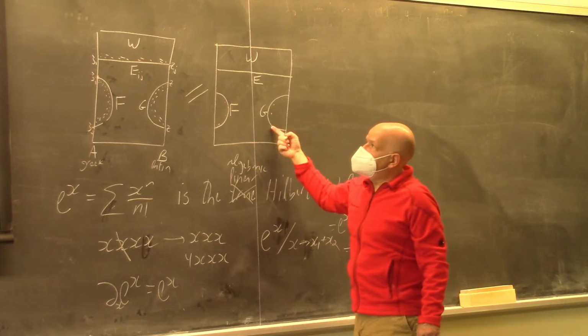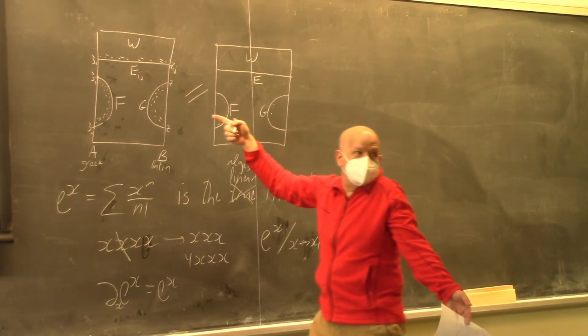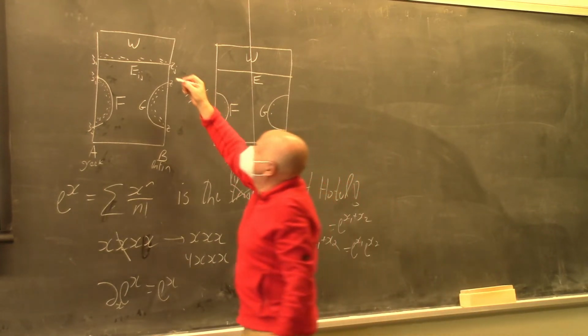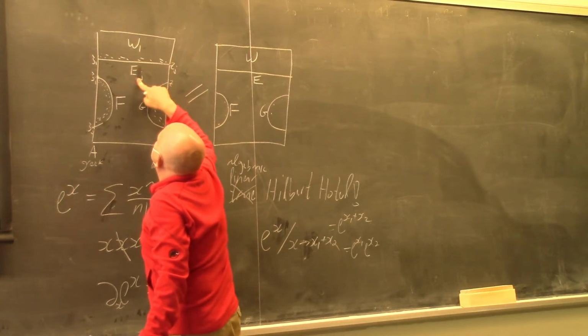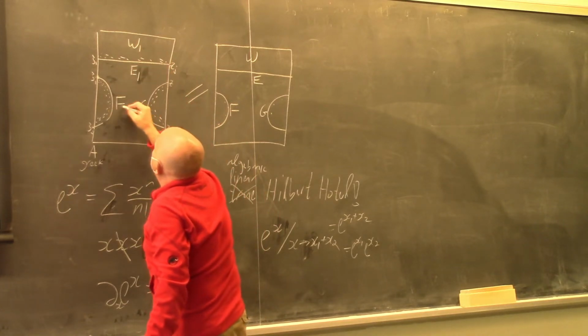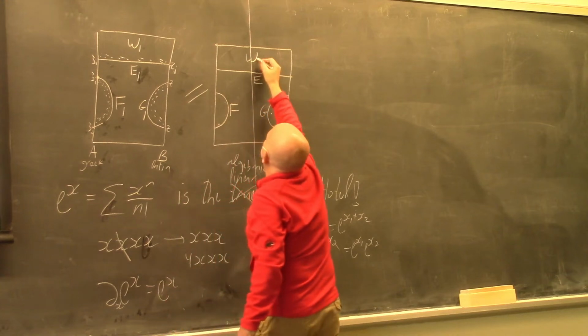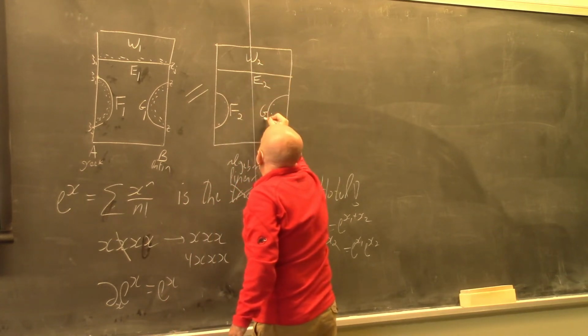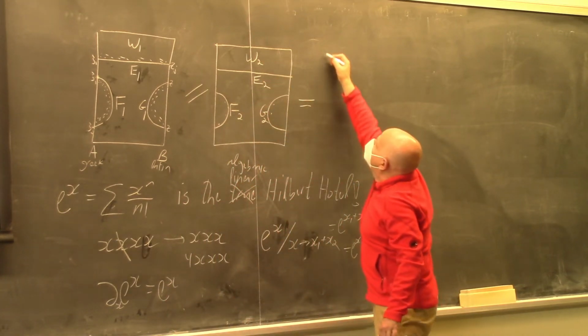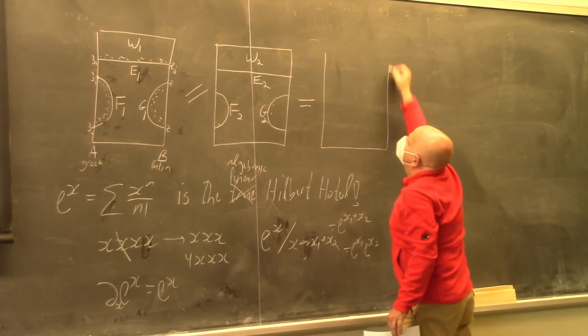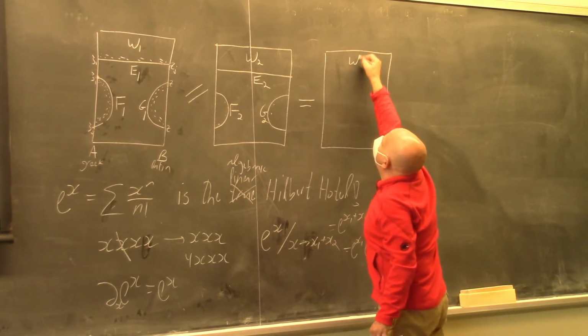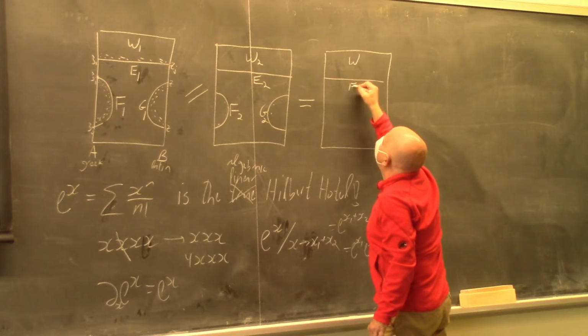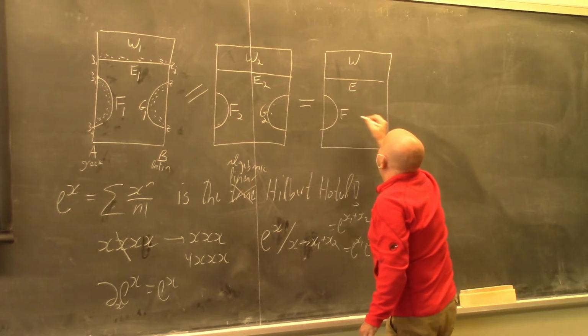But I want to make them 2 separate ones. So let's call this one omega 1, E1, F1, G1, omega 2, E2, F2, G2, and I want to compose them. And my dream is that the result will be omega, E, F, G.